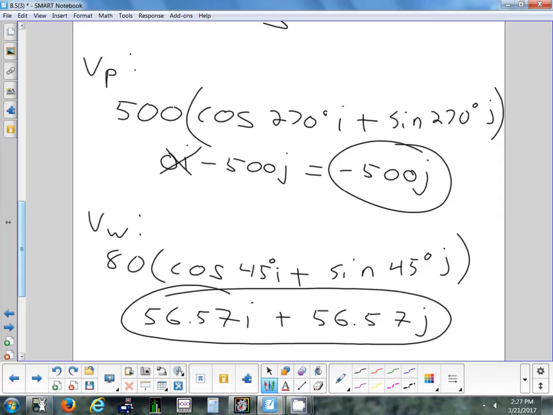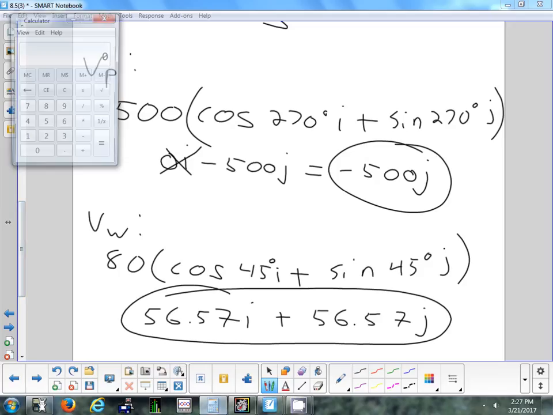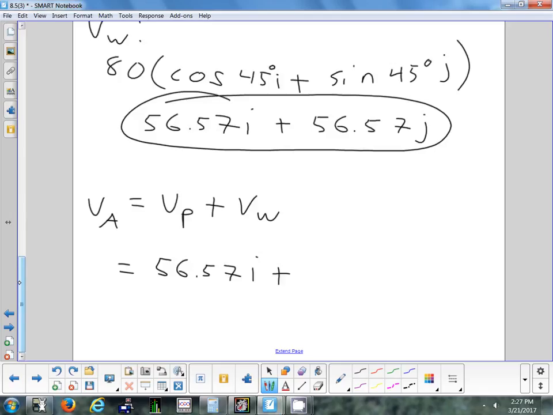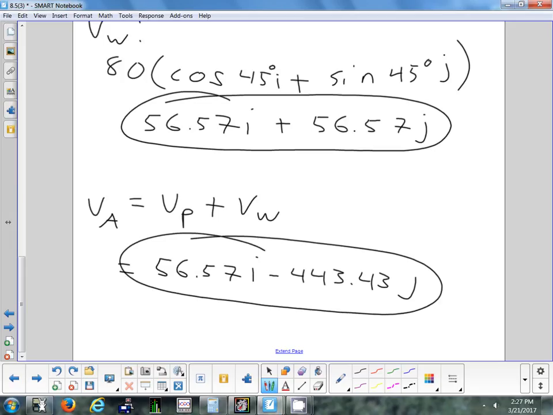Is there a j component for the wind? Yep, we need to add those together. Negative 500 plus 56.57, so negative 443.43. It's actually negative. That is the velocity vector for the plane.